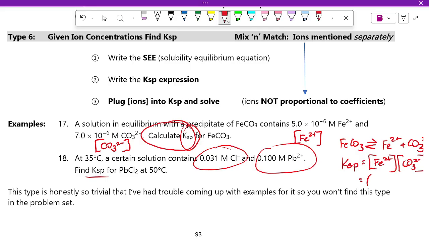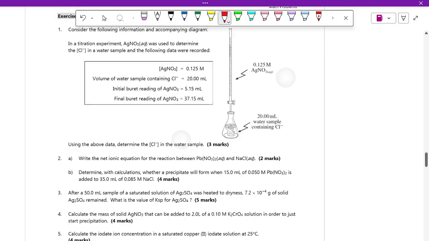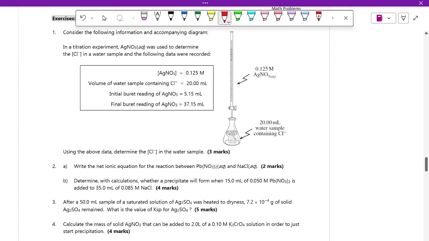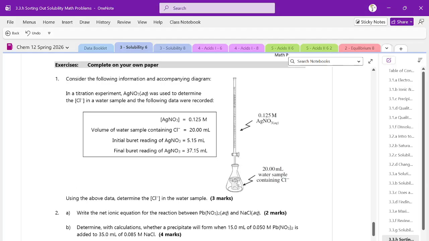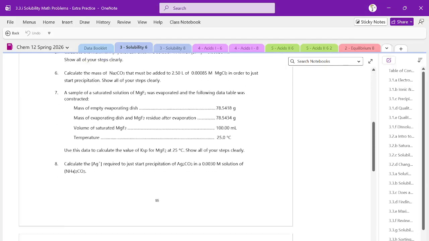All right, so there is a problem set here with 5 problems, and that's going to be your homework. There's 1 of each type. And I think tomorrow I'll give you time to do some extra practice on these.